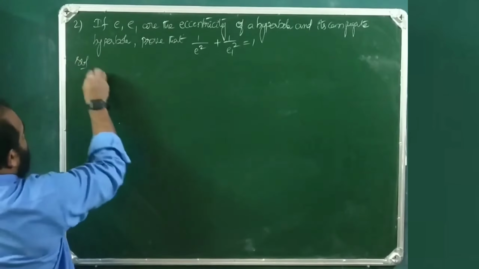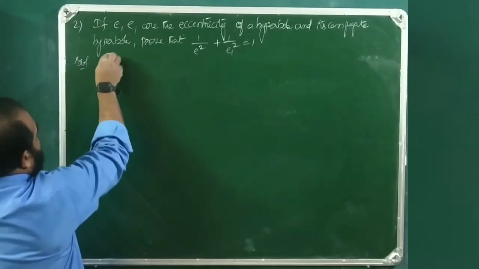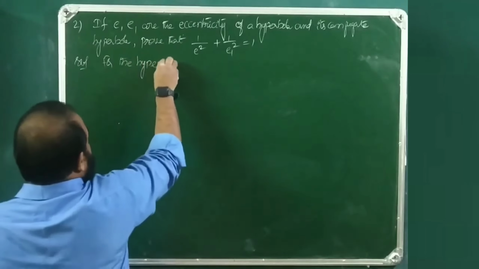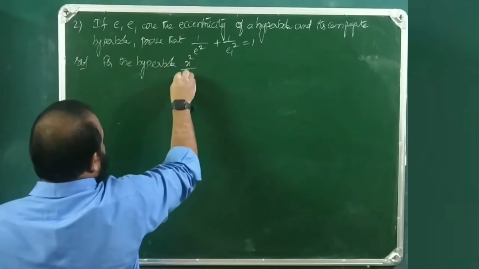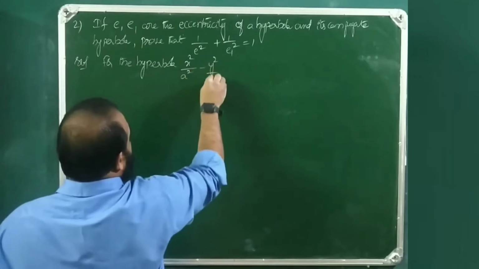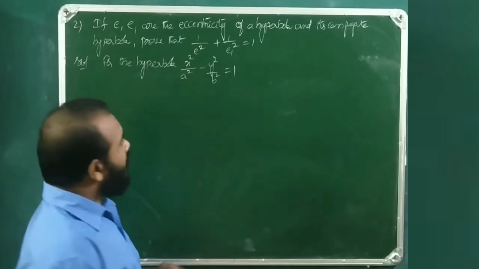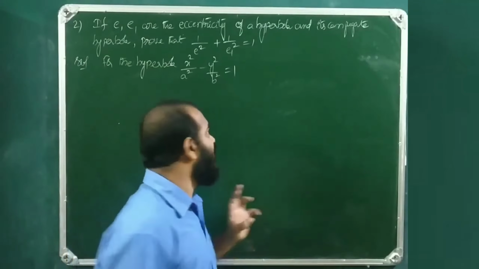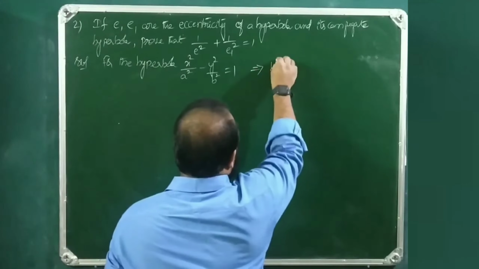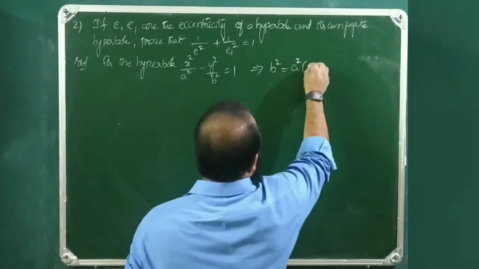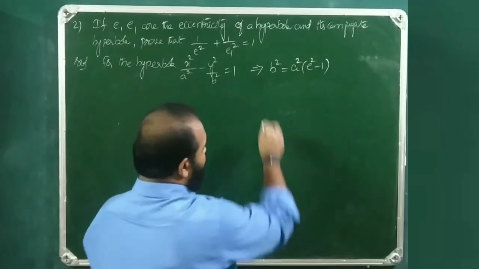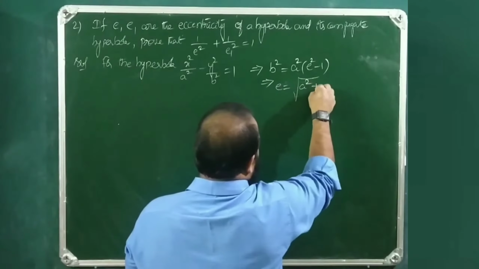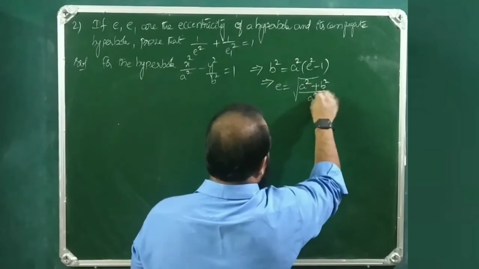So for the hyperbola x square by a square minus y square by b square equals 1, the relation among a, b and e is b square equals a square into e square minus 1. From this, e equals square root of a square plus b square by a square.